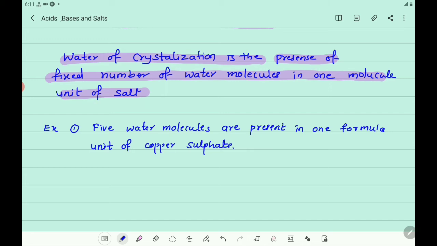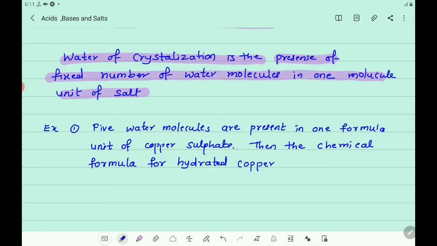Then the chemical formula for hydrated copper sulphate is CuSO4 5H2O. It is hydrated copper sulphate.